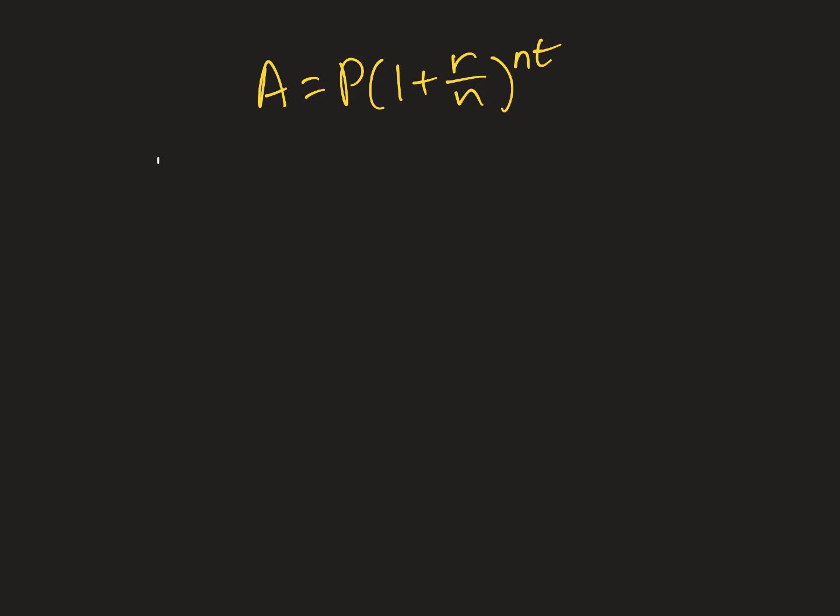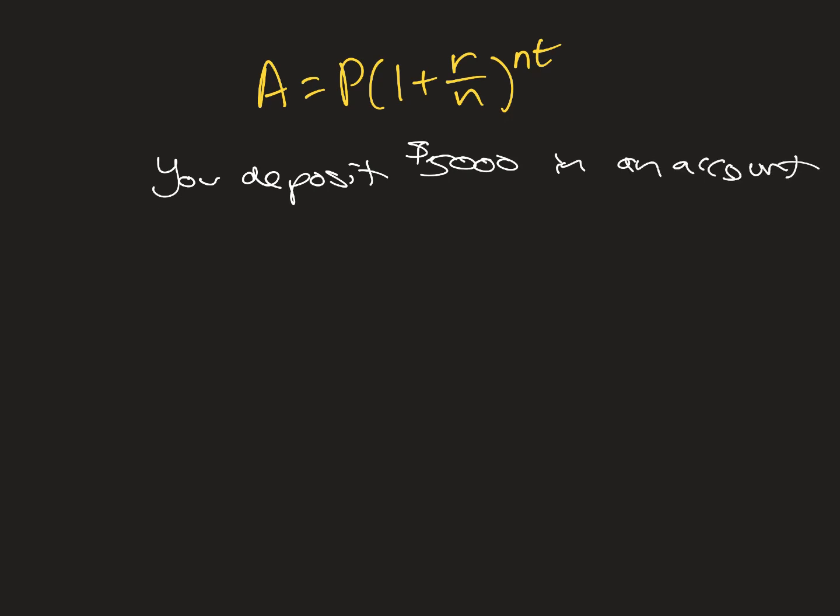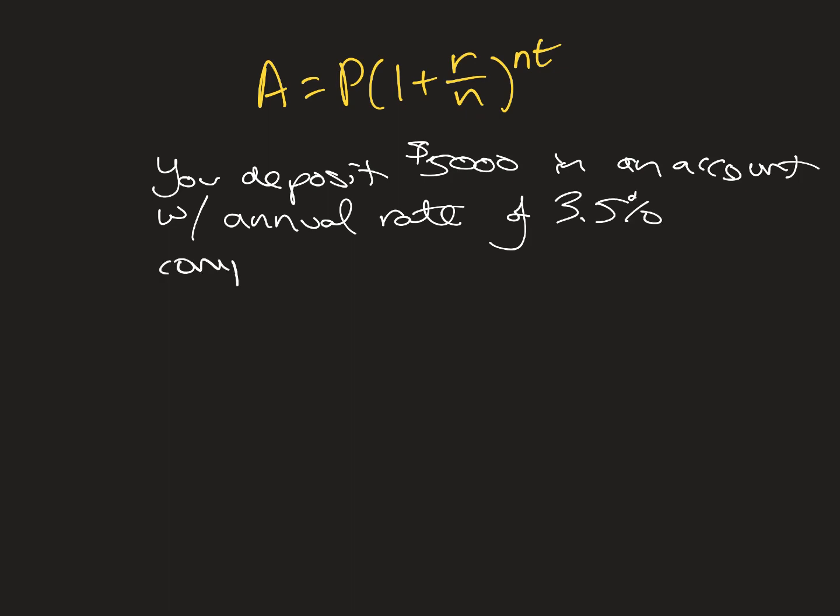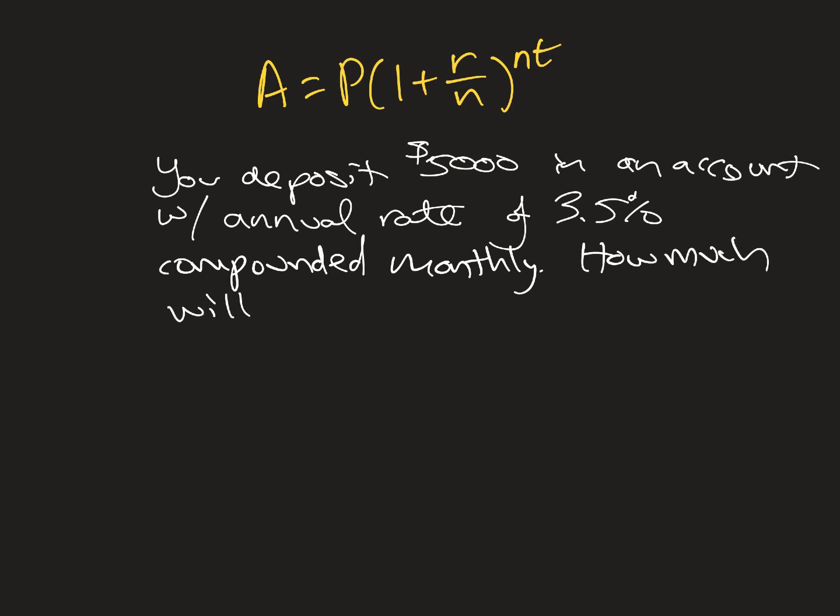So say I said you deposit $5,000 in an account with an annual rate of 3.5%, compounded monthly. How much will you have after 10 years?